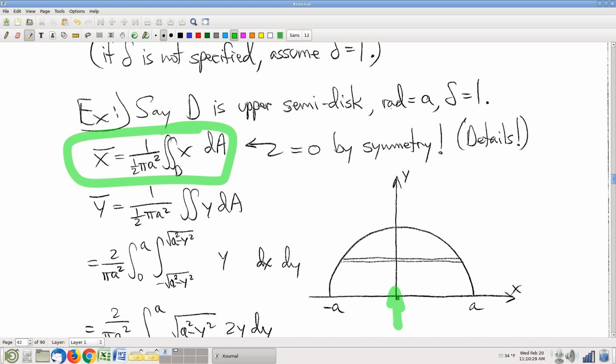Second way to compute x bar here would be to make a physics argument. You would look at the shape of that thing and think about how an actual physical semi-disk would behave.